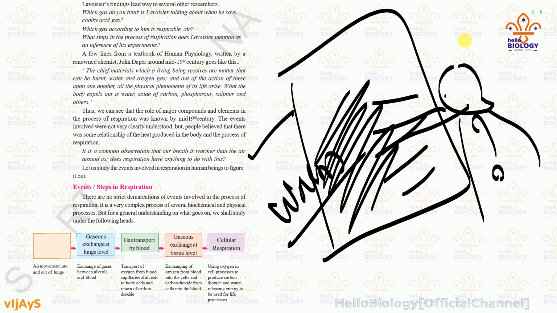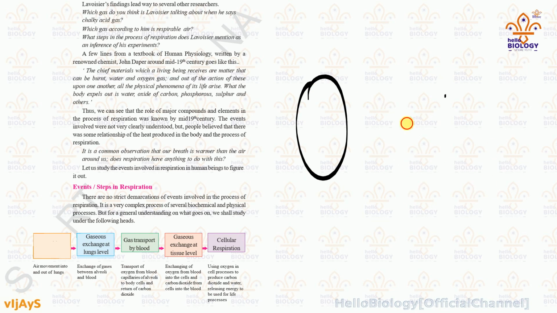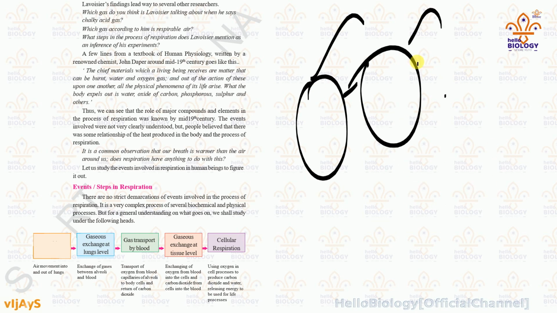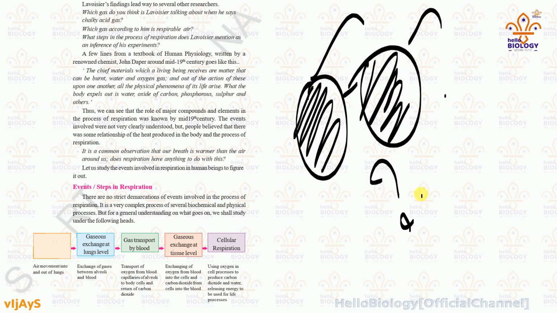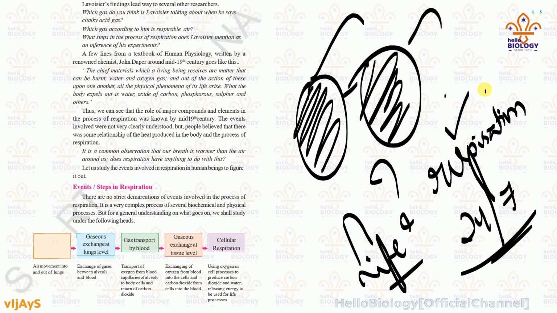To explain that, if you take spectacles and blow air with your mouth, the spectacles will fog up. Why? Because respiration is an active process. 24 hours a day, 7 days a week, continuously throughout life, it goes on, very active.